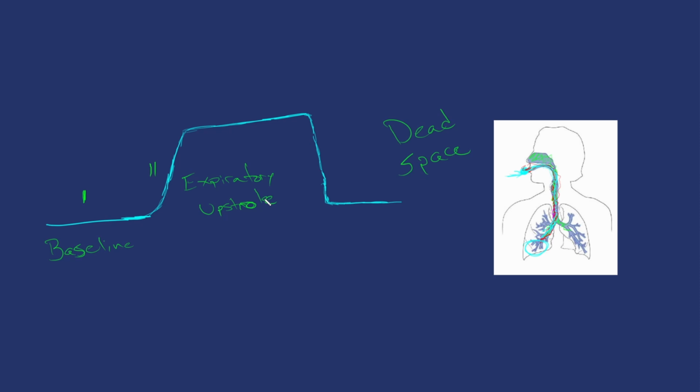When it gets to the point that it is balanced out again, so those gases are no longer mixed, now we're just getting the stuff that was down here at the bottom. That's going to be stage 3, and this is called the alveolar plateau.